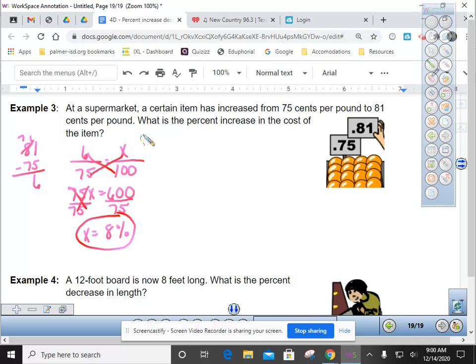Y'all hold on a second. Silas? Hello, Miss Milliken. He just got on it. Silas, change your name.